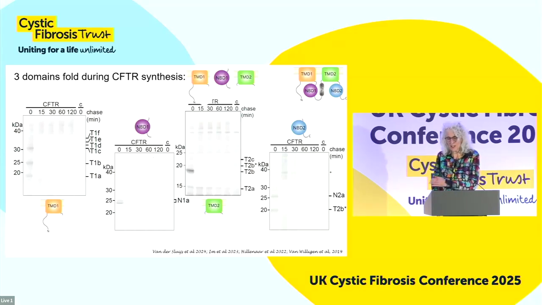And you see here, I blocked out the later ages. This is just immediately after synthesis. You see for TMD1, 3 fragments. For NBD1, there's 1 fragment, which is most of NBD1 actually. It's already pretty well folded immediately after synthesis. There's 1 fragment for TMD2, and there's a negligible quantity for nucleotide binding domain 2.